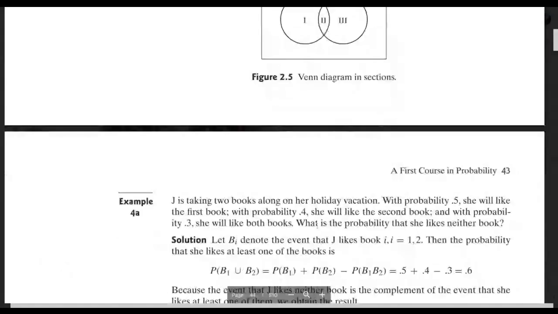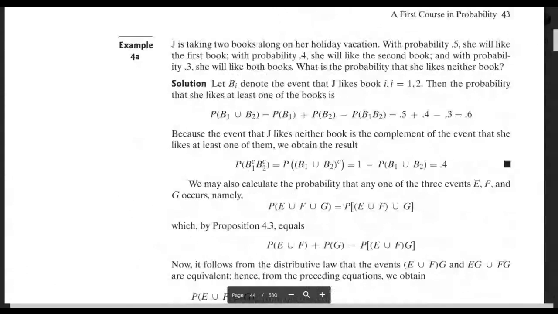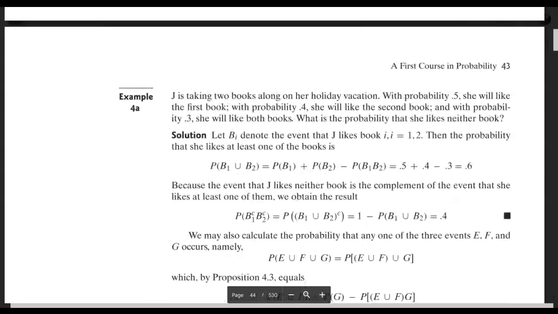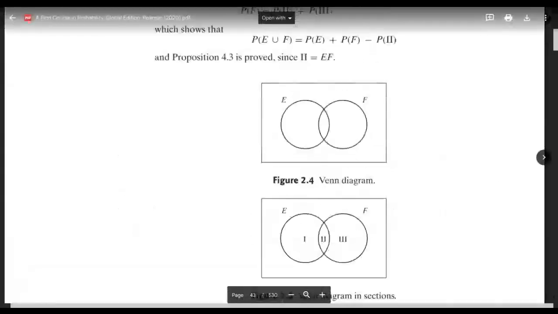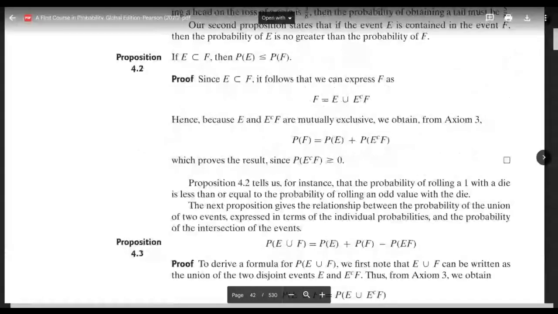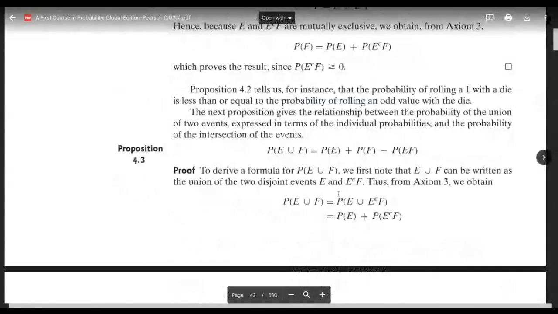That's why we need to subtract it once. Let's see an example. If anyone has any question, feel free to stop me. Does anyone have questions over those two propositions? We use this all the time, right?